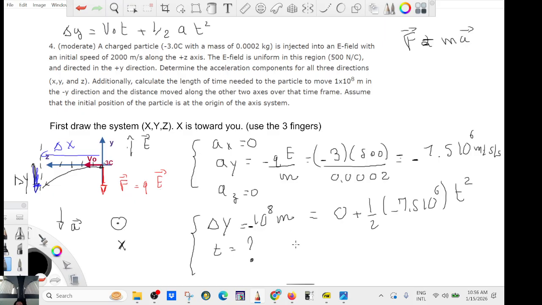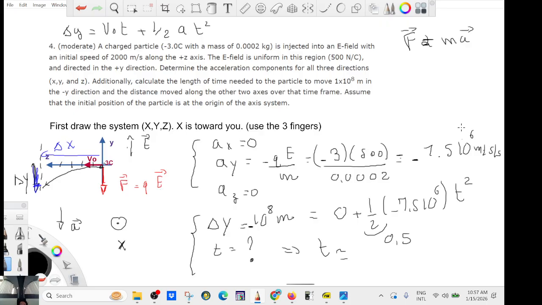Okay, and you find. Okay, so with your calculator, you're going to 10 to the 8. If you have any question, here after 10 to the 8 divided by, open the parentheses. So you do 2 times 10 to the 8. Okay, you don't have to do that.